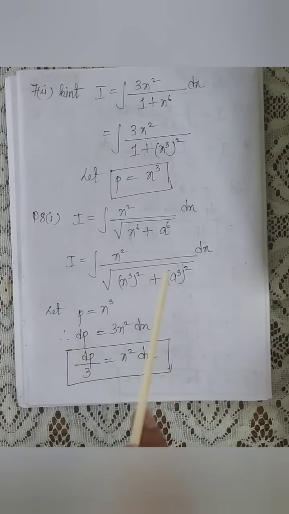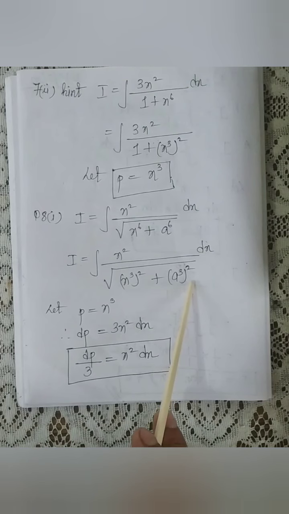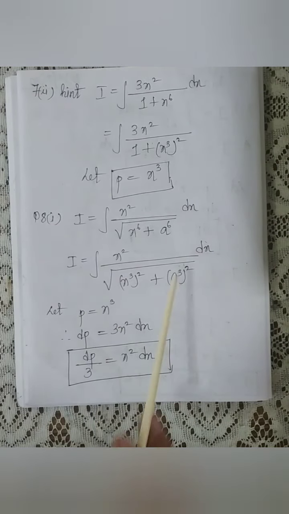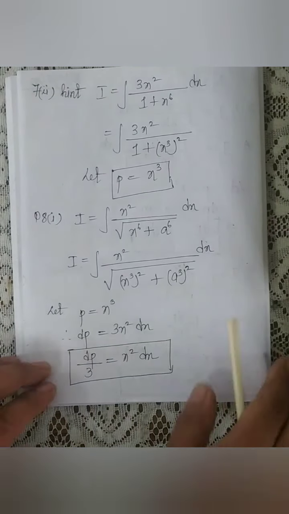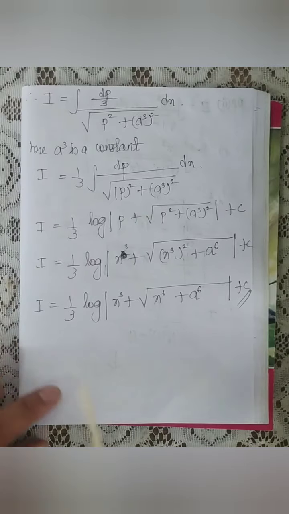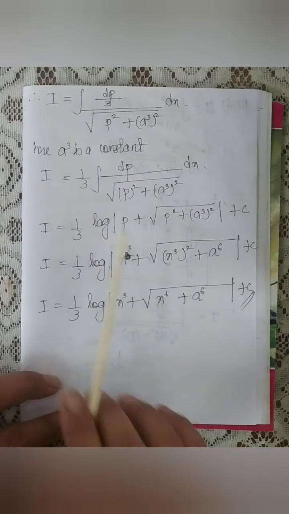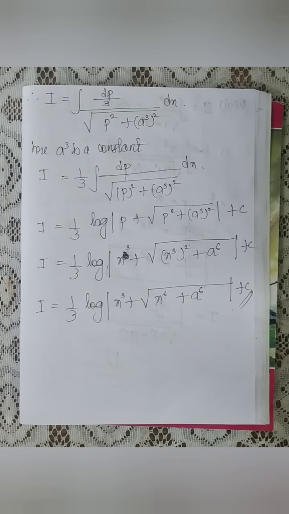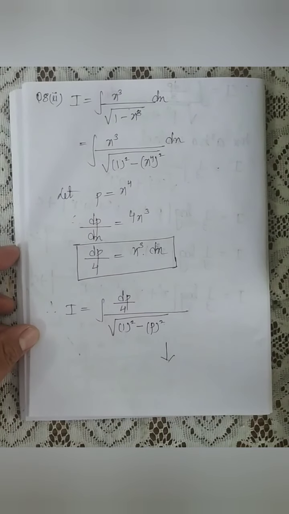So this is a constant. It will remain as a constant later. So substitute it, find the value of x square dx, which is dp by 3, and then after you put the values, we get this. Here I've written a cube is all constant. And then use the formula. Pause the video, note it down.